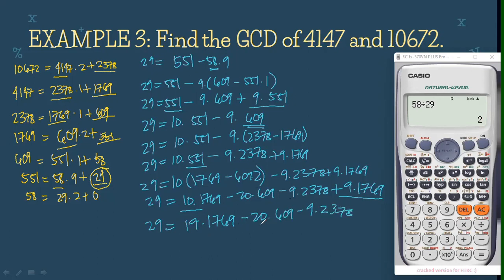So, now, hanap po ulit tayo ng mga pwedeng kaparehas. Ito po, si 609, pwede natin gamitan dito. So, 29 is equal to 19 times 1,769 minus 20 times 609 is equal to 2,378 minus dito po 1,769 times 1.